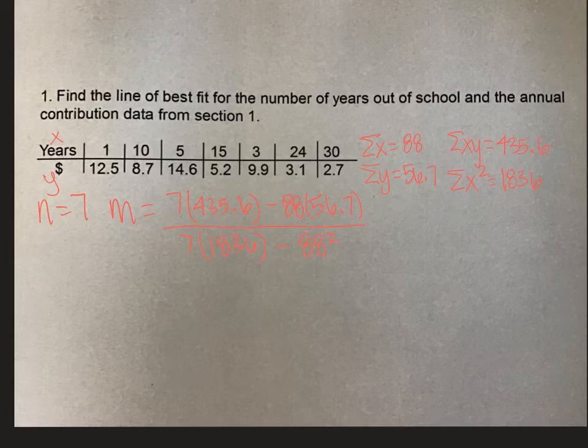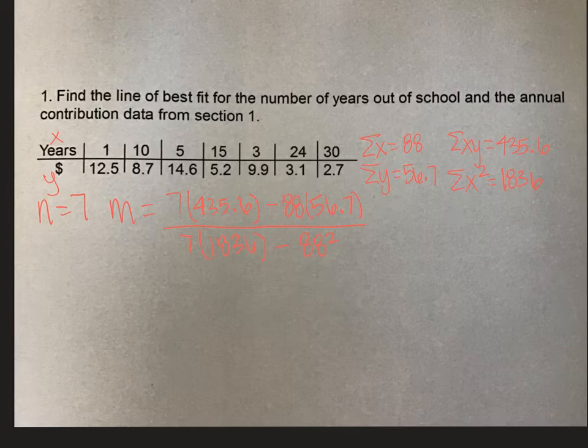So I'm going to take care of all of that in my calculator. I'm going to simplify the numerator and the denominator individually so that you can see what those individually equal.